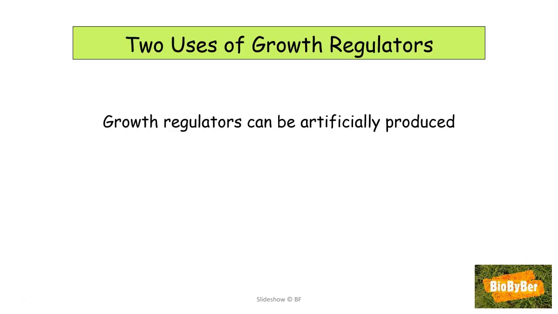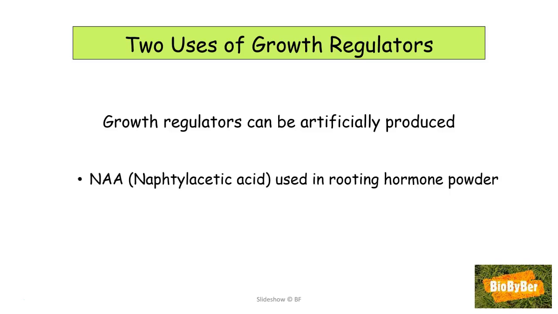Now, what are the uses of growth regulators? This is an objective of this lesson. We must realise that growth regulators can be artificially produced outside the plant. NAA, the good news being that you're not really required to remember what the letters stand for.